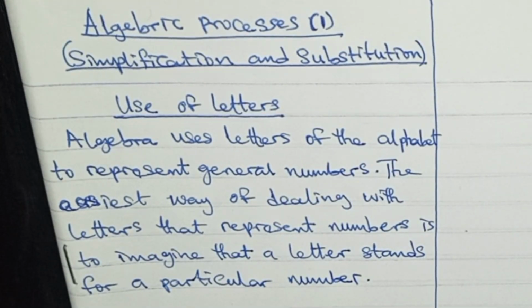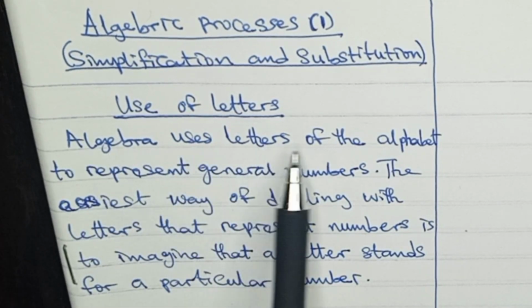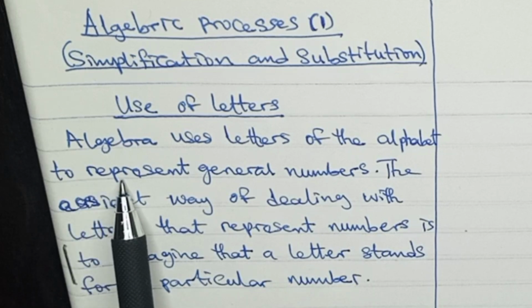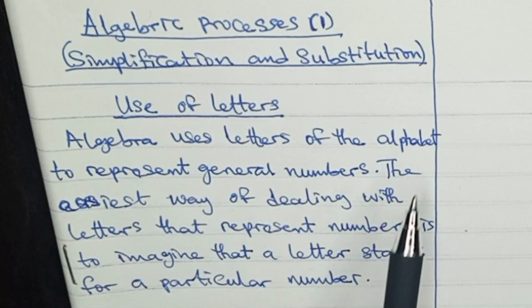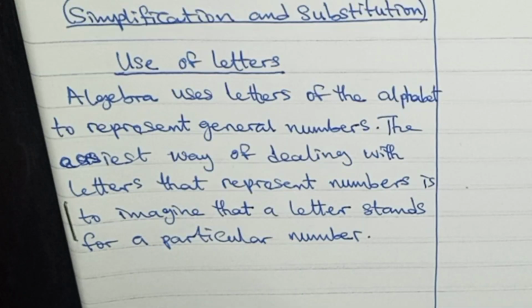It says algebra uses letters of the alphabet to represent general numbers. The easiest way of dealing with letters that represent numbers is to imagine that a letter stands for a particular number. So in mathematics we use letters, we use alphabets to represent numbers. It helps out, makes our working very easy.